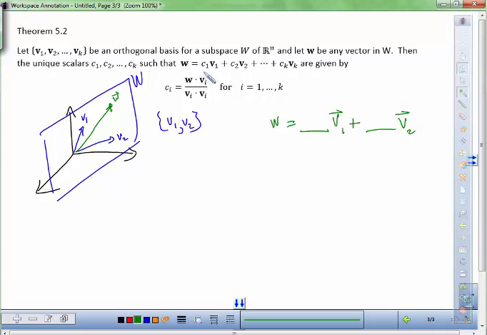So what are those somethings? Well, those somethings are just scalars. But how are we going to find those scalars? Let's take a look at how you're going to find V1. To find V1, you're going to basically stretch V1 out and project this down.